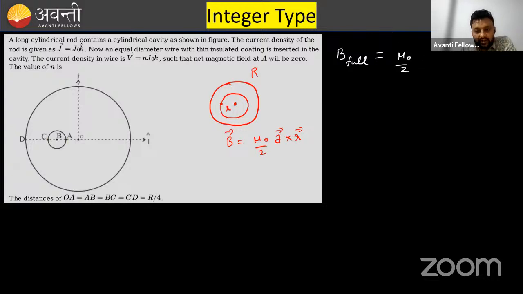Okay, mu naught by 2 J cross R. If I say J, the current density, is given along K cap, J is equal to J naught K cap. And R, if I say from the center, this is our R. What will be the direction of magnetic field at point A then?